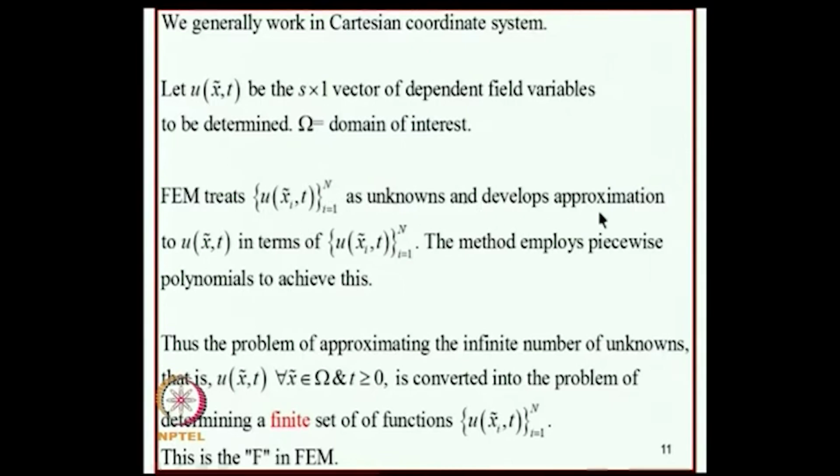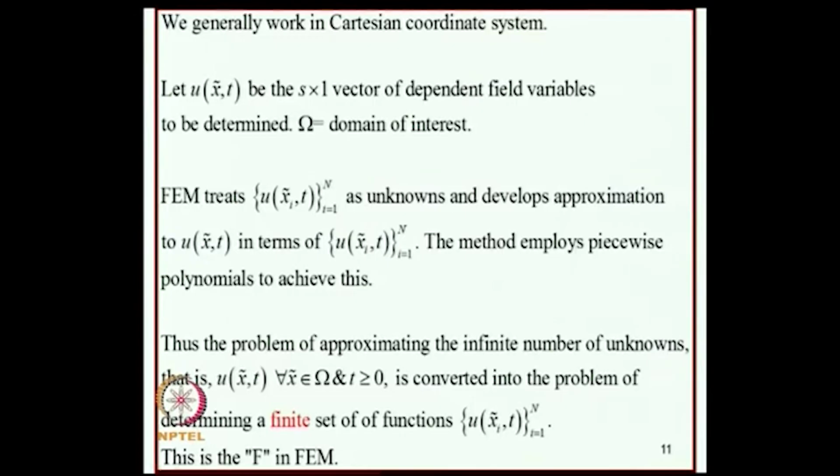After knowing this, we will develop an approximation to the field variables in terms of these n variables. To develop these solutions, the method employs piecewise polynomials. That is again a very important aspect of the method.